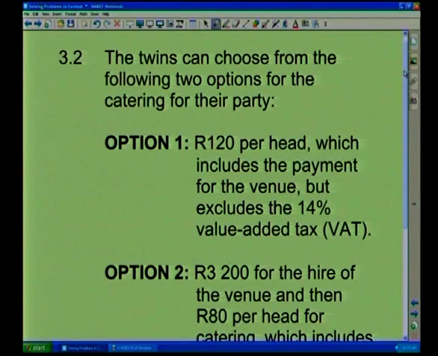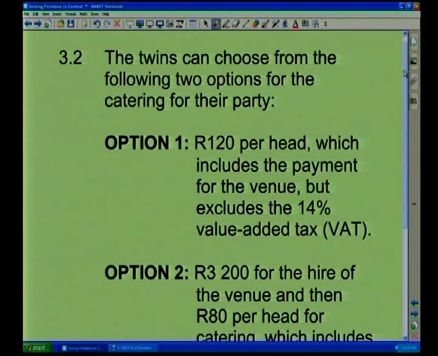The question now goes on to say that the twins can choose from the following two options for the catering for their party. Option 1 says that they're going to pay 120 Rand per head, that means per person, which includes the payment for the venue, but excludes the 14% value added tax, or VAT.